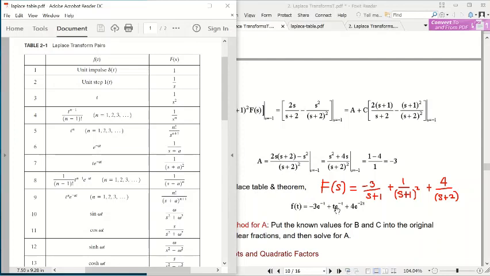So you have t e to the power of minus t. The multiplier is just 1. For this one, it's the same as this one, so a equals 2. So you have e to the power of minus 2t, and the multiplier will be 4. So this is the time domain equivalent for the f function just now.